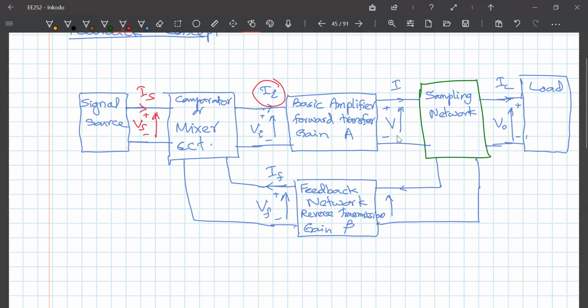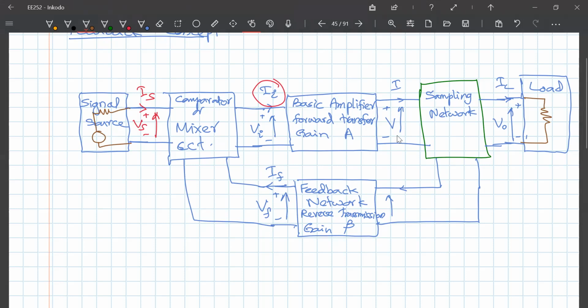Okay, so this is basically the main setup that we have. Inside each of these blocks, you may have different kinds of things, right? For example, this can be just a resistor. This can be a voltage source. Okay, for example, this can be something like this. And the amplifier may be a common emitter amplifier or maybe an op-amp circuit, whatever.